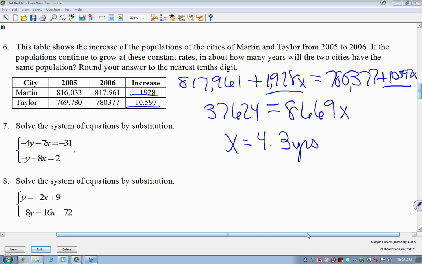Y equals slope and y-intercept; set them equal to each other, because they've got to cross. We didn't really use the substitution method here. We just set the equations equal to each other.